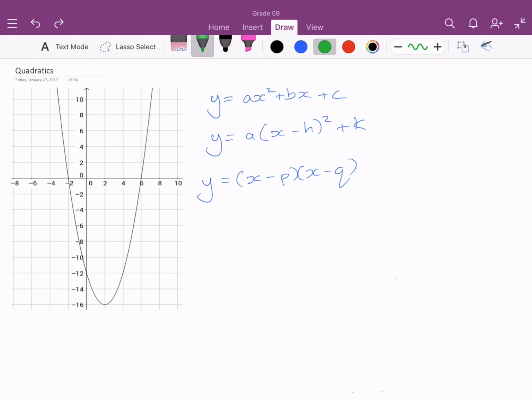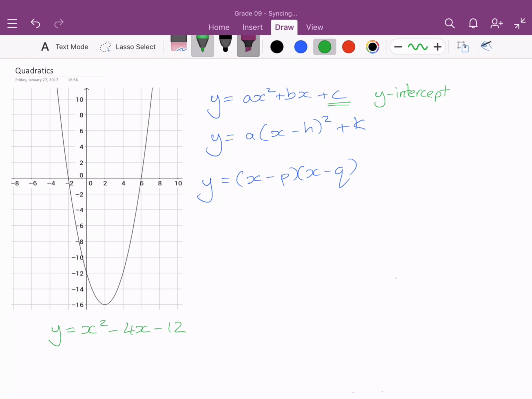Okay, so this is the y-intercept. And why is it called the y-intercept form? Well, because if a quadratic is written in this way, this last letter c is the y-intercept. So if I take my quadratic here, and write the equation out in the y-intercept form, that'd be y equals x squared minus 4x minus 12.